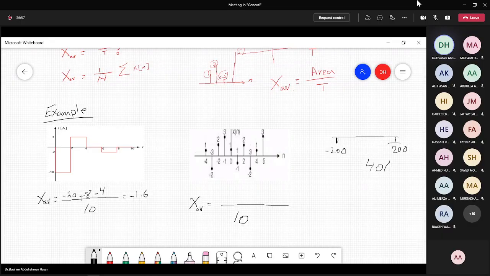It is 200 minus -200 plus 1. So don't forget the 1. The 1 is coming from here. Here is 0. Okay, similarly, this is 5 minus -4 plus 1, which is equal to 10. So it is equal to 10.